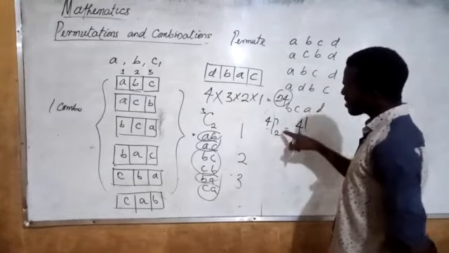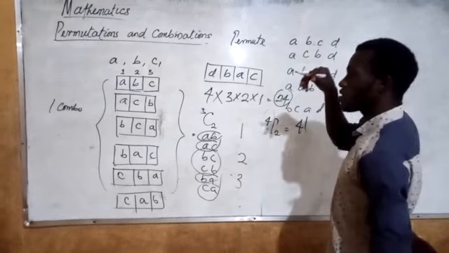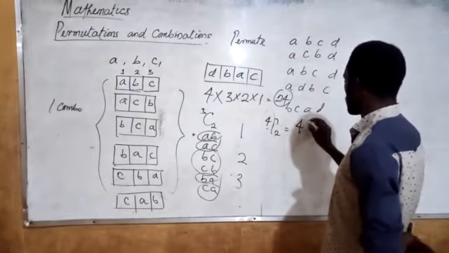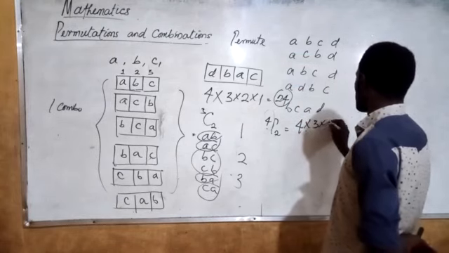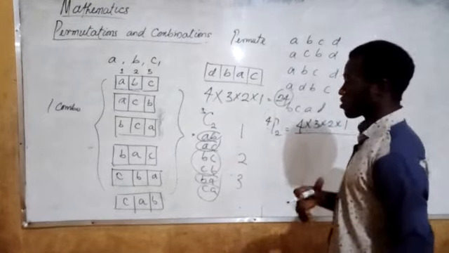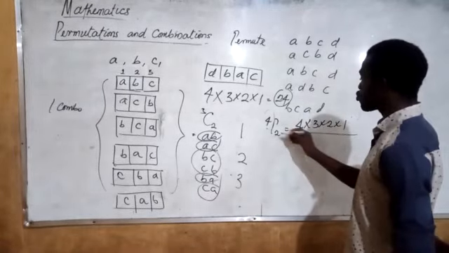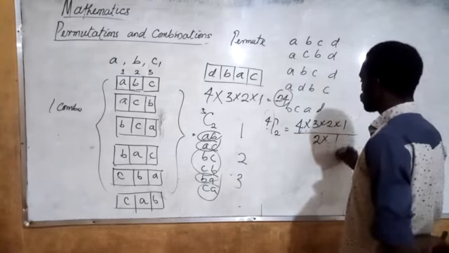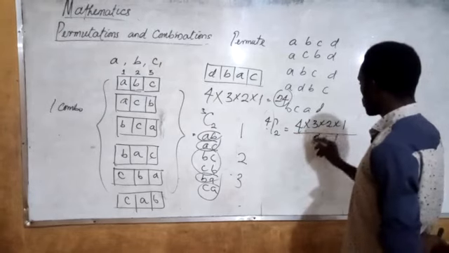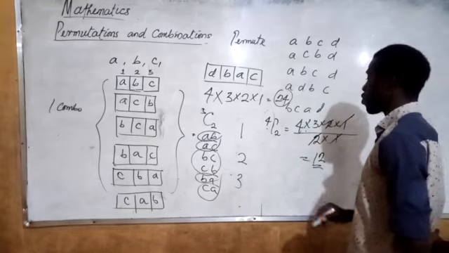So you know that to permute 4 things, you need 4 by 3 by 2 by 1. Now you divide that. Remember, successive subtraction is division. So you remove the 2 factorial that you are not permuting. So this cancels this, and you have 12 as your permutation.